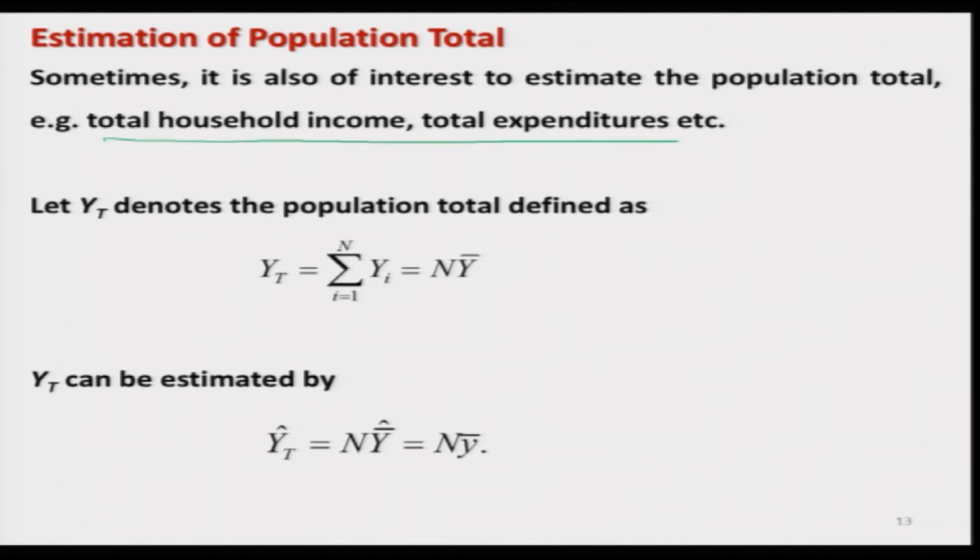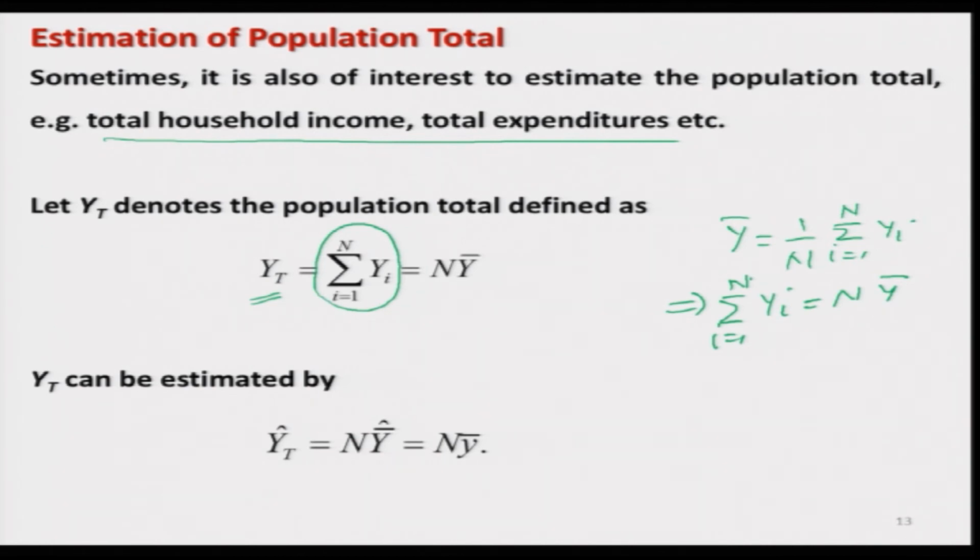The population total is defined as the sum of all the sampling units in the population, that means the sum of all the units in the sampling frame corresponding to the variable under study. We denote this by Y_T, which is the sum of yi for i from 1 to capital N. And you had defined capital Y bar as 1 upon capital N times the sum of yi for i from 1 to capital N. So, this implies that the summation of yi for i from 1 to N is nothing but N times Y bar.